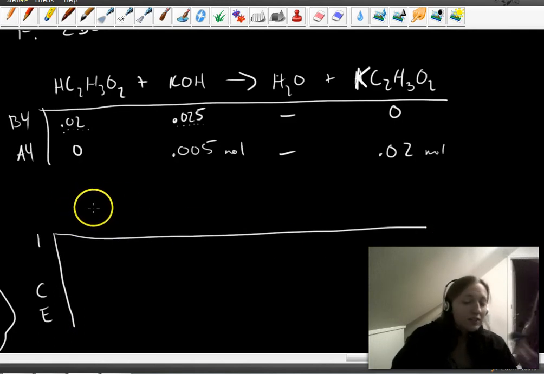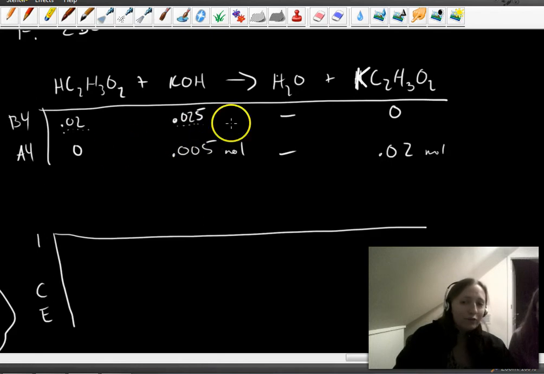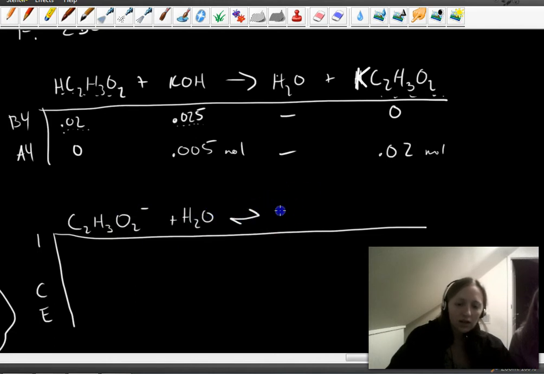This is the same ICE chart that we did in E, because what we have is weak base, not any of the acids. So you've got to do the backwards one like we did up there in E, where it attacks water and steals the hydrogen ions.